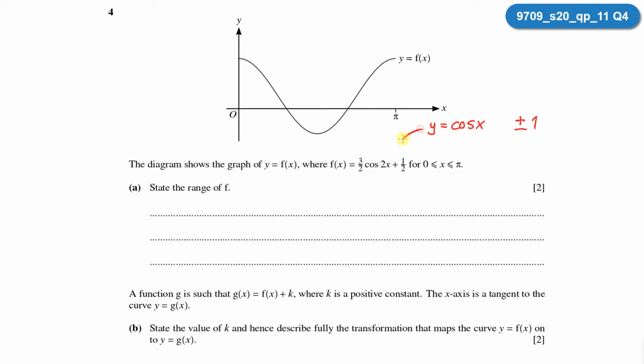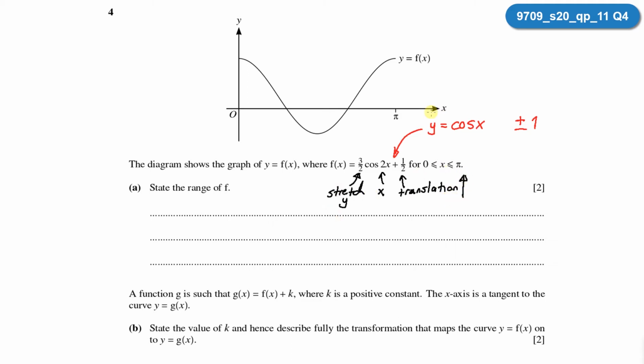So I think you can see that this graph here is simply a transformation of the graph of y is equal to cos x. And the transformation involves a stretch parallel to the y-axis, and a stretch here again parallel to the x-axis, and here it's a translation by half a unit going up.